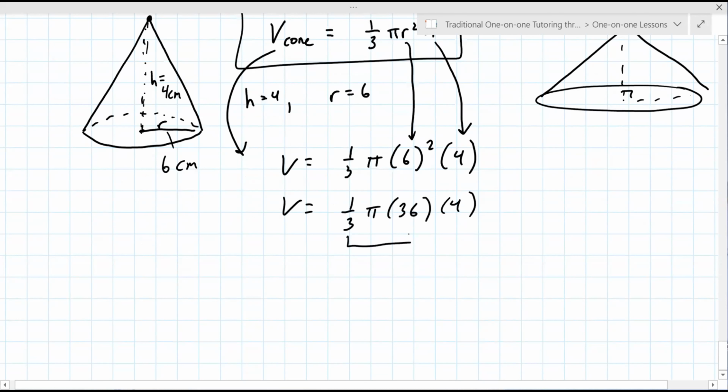You can do this in any order, but 1/3 of 36 is 12. 12 times 4 is 48. So the volume is 48 pi. And it says to leave your answer in terms of pi. So we've done that, but we need units. In this case, the information was given in centimeters. So it's centimeters cubed for the volume.